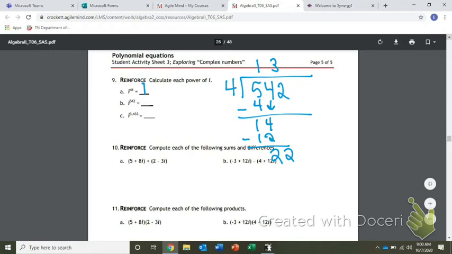Four goes into 20. Five. 5 times 4 is 20, and I have a remainder of 2.